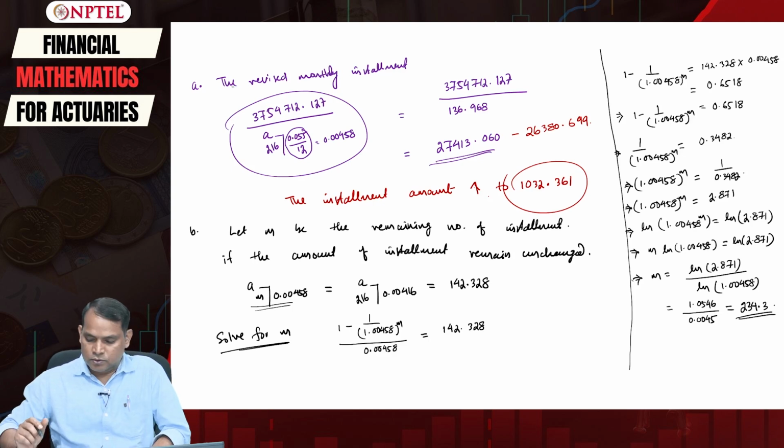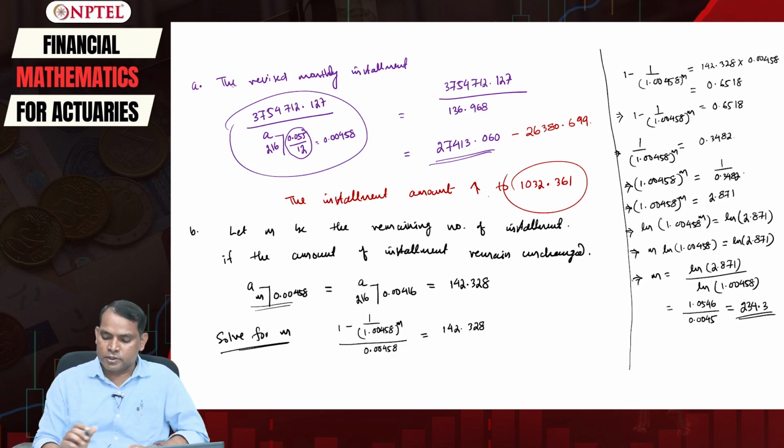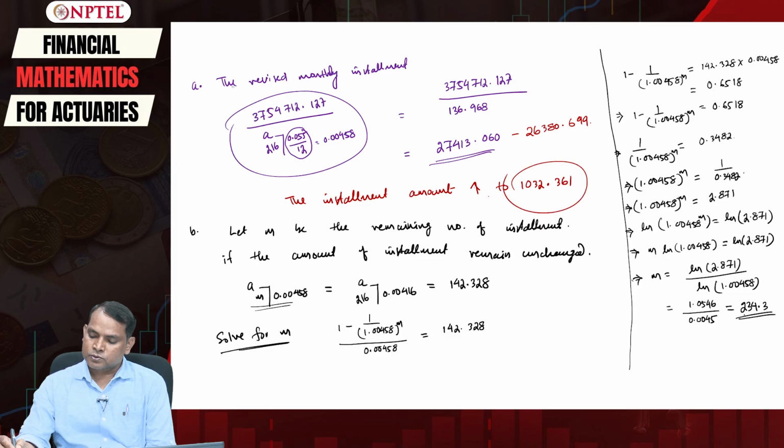Okay, so what we have got here, M is equal to 234. This 234 is now compared with the initial.